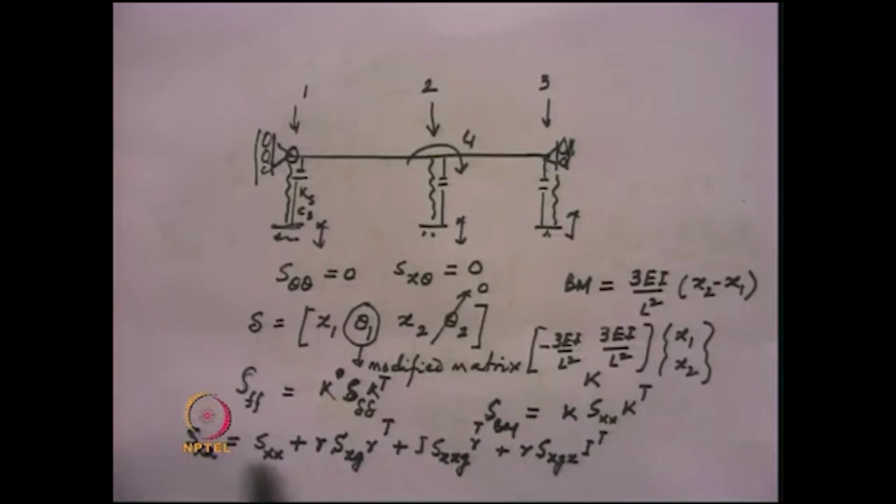With the help of that we obtained the power spectral density function matrix of the absolute displacements, and then we obtain the bending moment, that is S bending moment here in place of Sxx. Here this Sxx is the power spectral density function matrix of the relative displacement, that would be replaced by the power spectral density function of the absolute displacements.